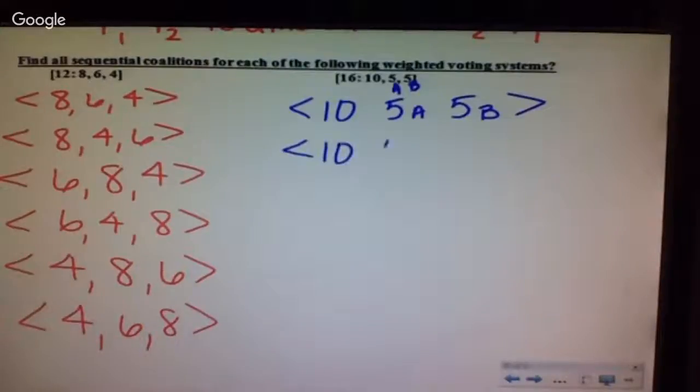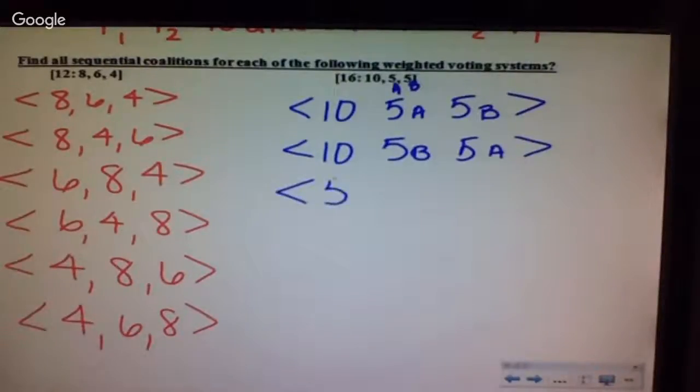We've got that repeating 5, so make them 5A and 5B. Okay, so I can do 10, 5A, 5B. I can also do 10, 5B, 5A.